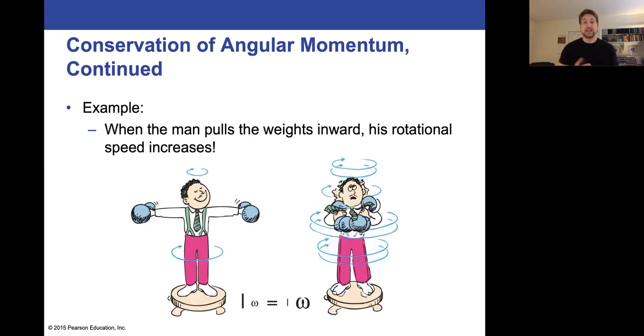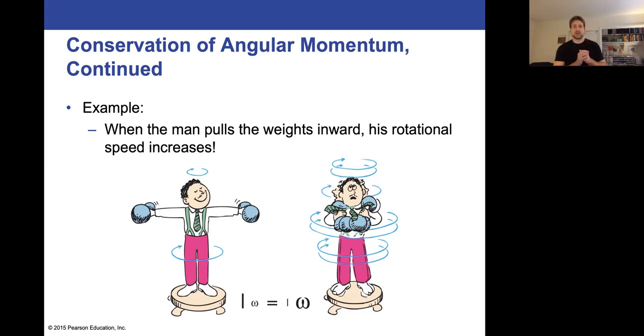If we're on a spinning table and we have these weights in our hands, if we bring our hands in, we decrease our rotational inertia because we have moved the mass of the system closer to the axis around which we're rotating.